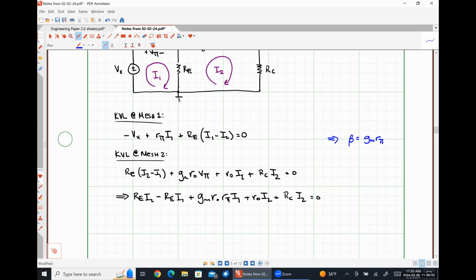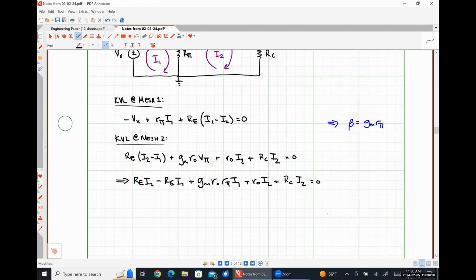And so from here, I can say that I have I2 times a factor of R naught plus RC plus RE is equal to I1 times RE minus beta R naught.